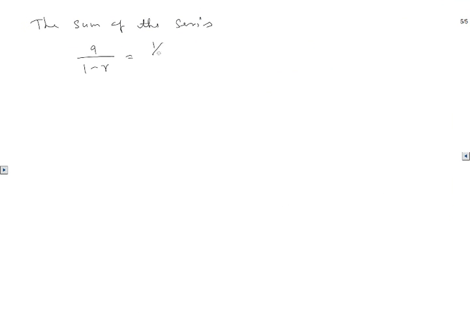So that's the first term, 1/2, and then 1 minus r. What is r? r is negative (x minus 2) over 2. So if you simplify, what do you get? It is 1/2 over 1 plus (x minus 2) over 2.